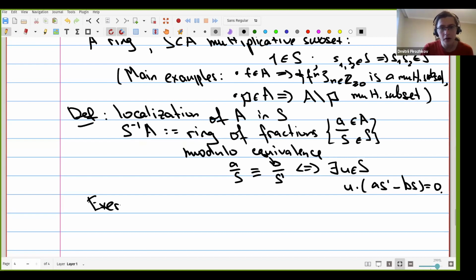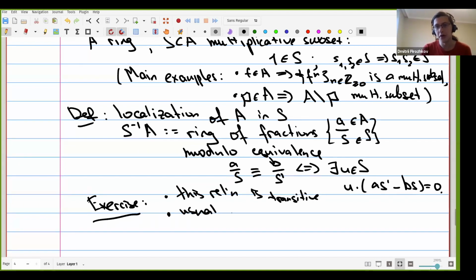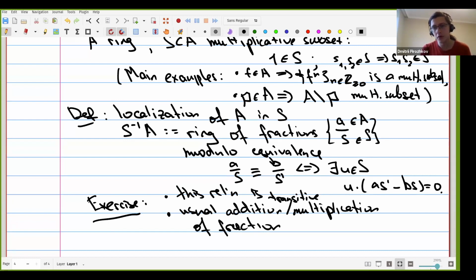So the exercise is to show that this relation that I have shown is transitive, and the usual rules for addition or multiplication of fractions are well defined.